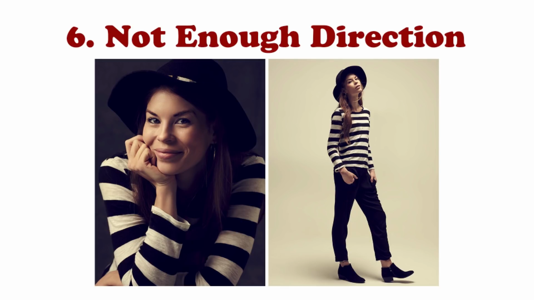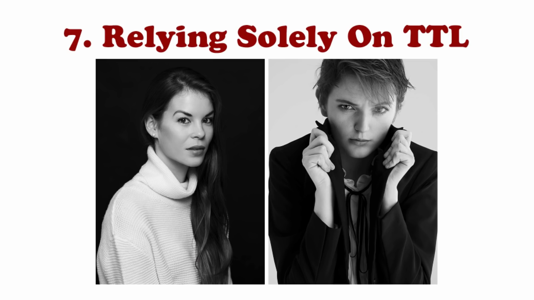Okay, so if you're not experimenting with a different direction for your lights, try it, because I think you'll be pleasantly surprised. Number 7 on our list of top 10 lighting mistakes is relying solely on TTL, or said another way, fear of manual. I've included this because while TTL is great in some instances, because TTL is using something that we call reflective metering, it can be tripped up by images like this.